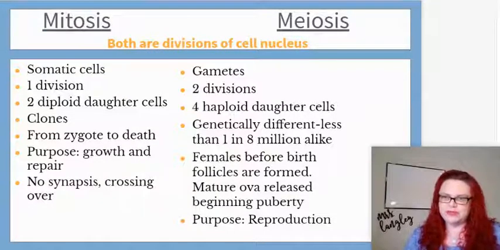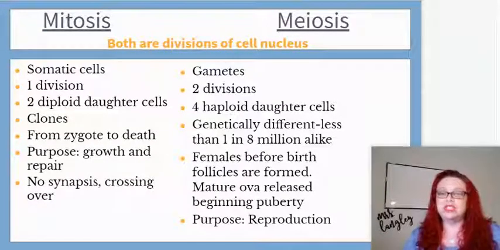Now, meiosis and mitosis, if we compare them, they are both divisions of the nucleus. Cytokinesis divides the rest of the cell. In mitosis, we have only somatic cells involved. It's one division creating two diploid daughter cells, and these are clones.